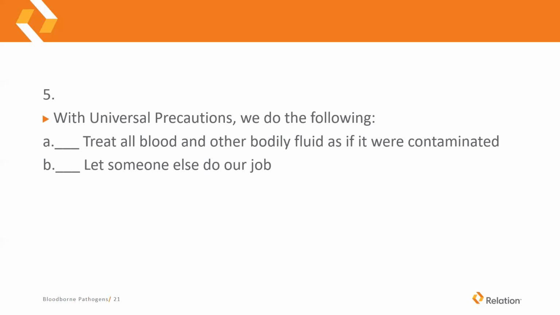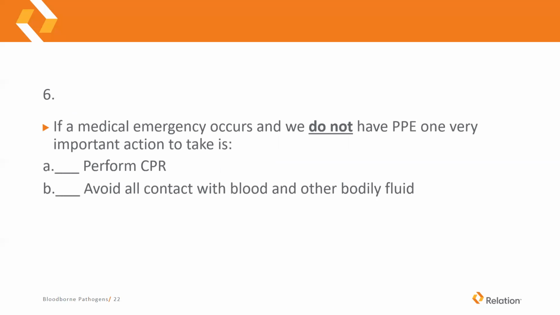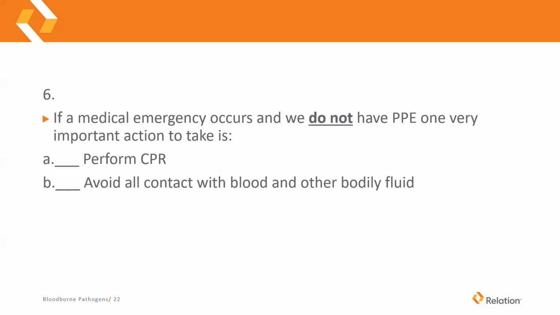Number 5, with universal precautions, we do the following. A, treat all blood and other bodily fluids as if it were contaminated. B, let someone else do our job. Number 6, if a medical emergency occurs and we do not have PPE, one very important action to take is A, perform CPR, B, avoid all contact with blood and other bodily fluids.